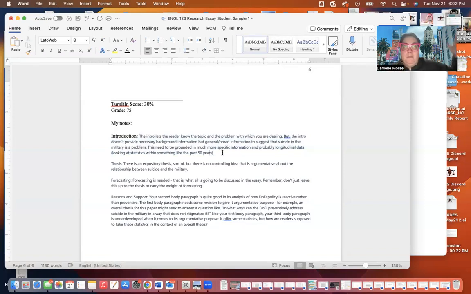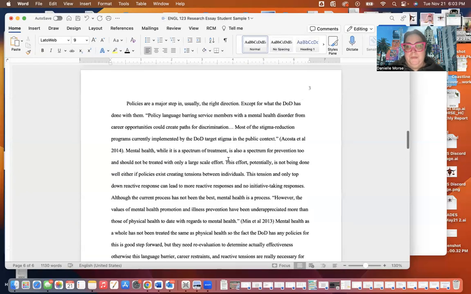It's looking at data from a much longer period of time than the past year. Suicide rates in the military, it's like that is pointless data to bring up, because we can't talk about the last year unless we know what the data looks like the previous 5 years, the previous 10 years, the previous 30 years. And so that's why longitudinal data is useful.